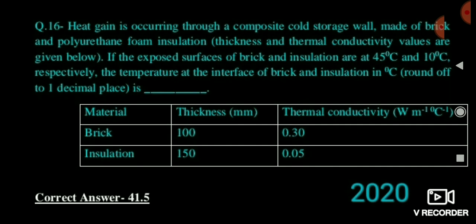Friends, question is saying that there are two surfaces, one of brick and one of insulation, and these both surfaces are joined together, and the leftmost side of the brick has temperature 45 degree, and the rightmost side of the insulating material has temperature 10 degree centigrade.